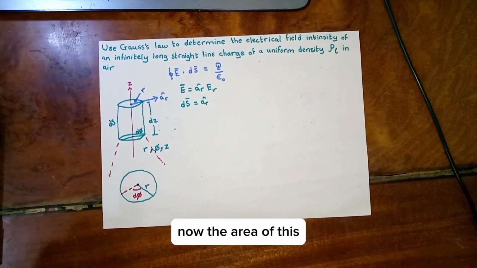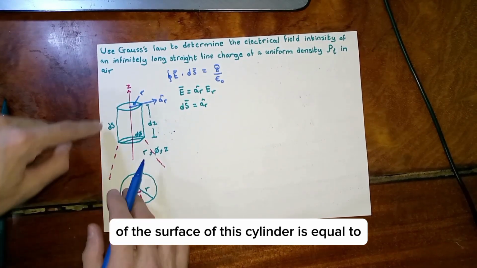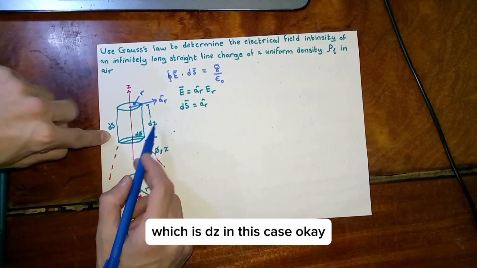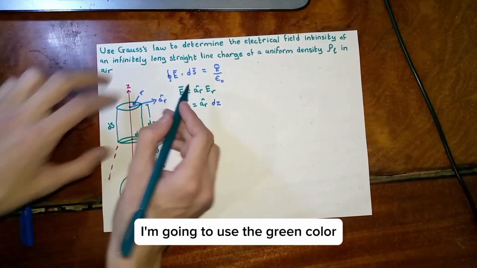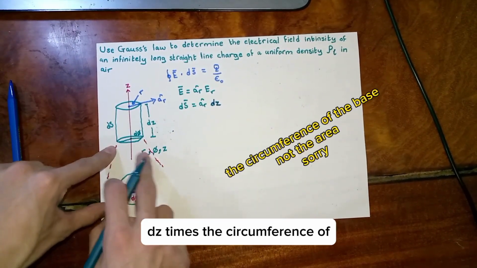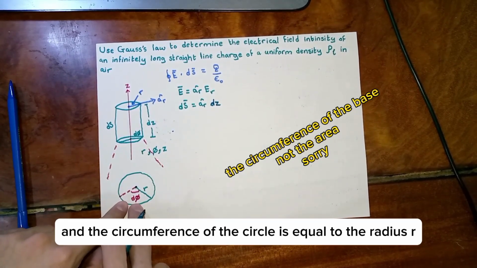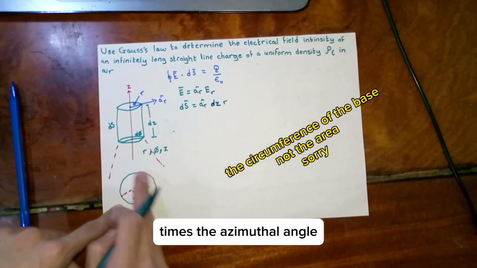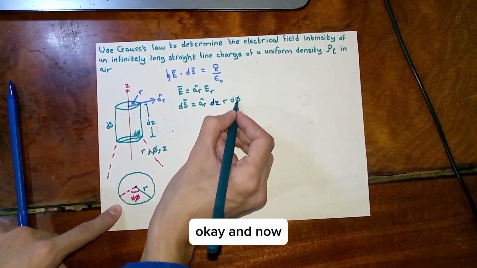Now, the area of the surface of this cylinder is equal to the length of this hypothetical cylinder, which is dz in this case, I'm going to use the green color, times the arc length of the base circle, which is the radius r times the azimuthal angle, d phi.